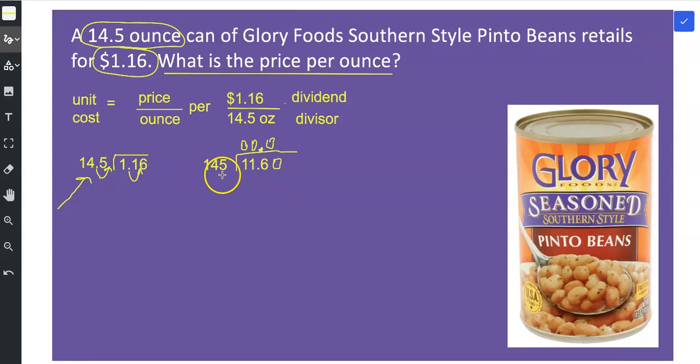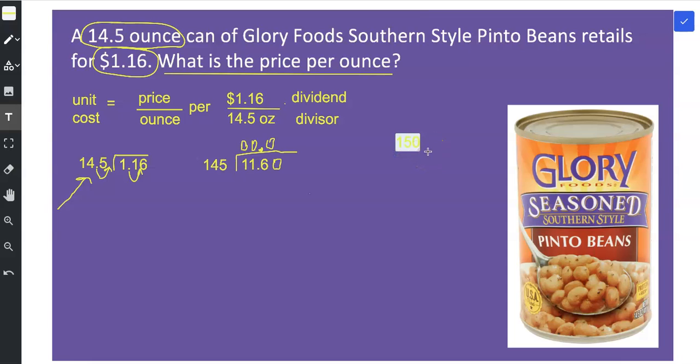How many times does 145 go into 1,160? Well, 1,160 is finally larger than 145, so I'm going to start writing my multiples of 145. And I think it would actually be easier if I thought of 145 as 150. It's just a way to estimate easier how many times 145 is going to go into 1,160.